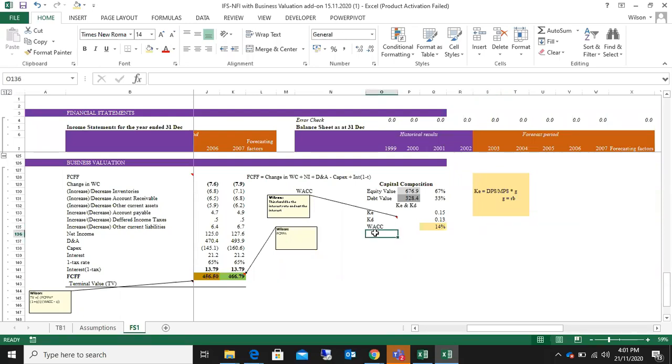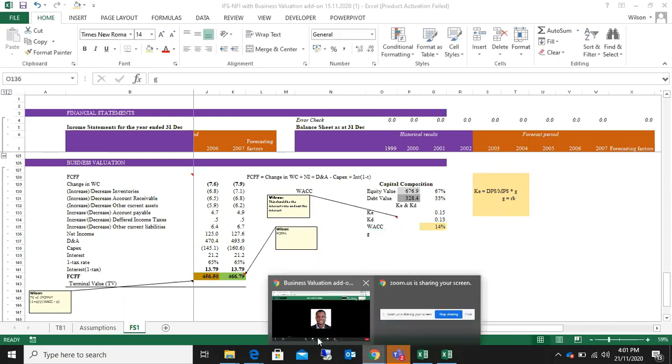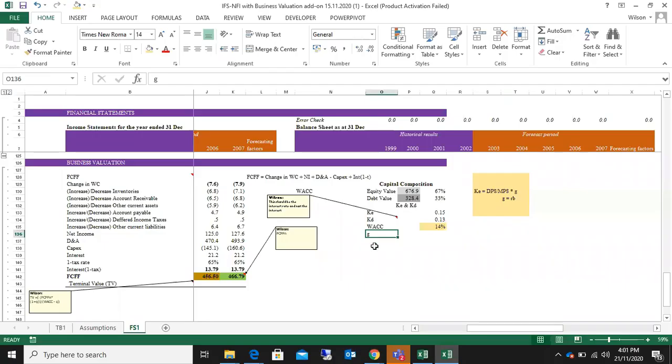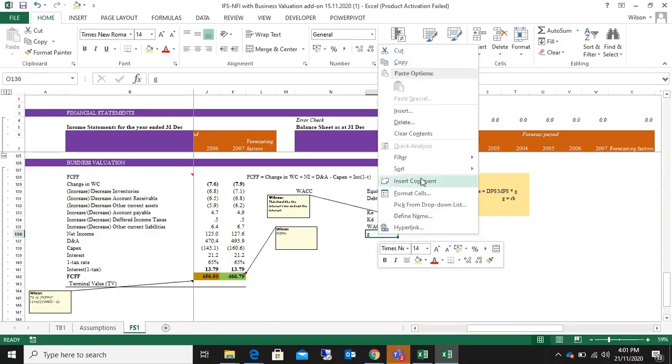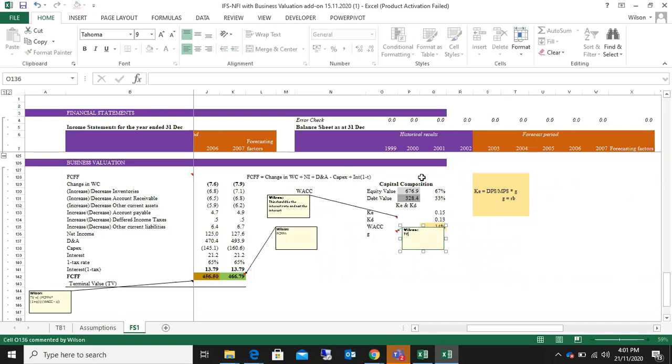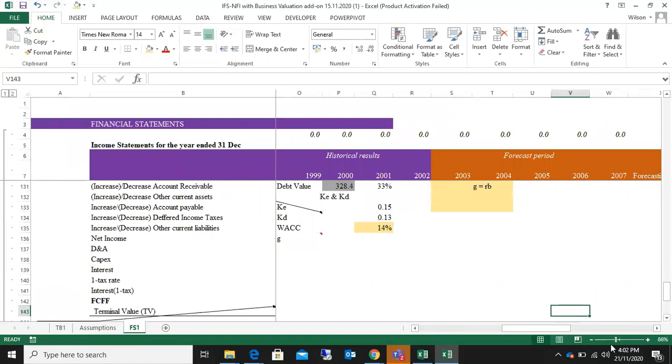So let's then say our G. Now this G is the TV. I'll zoom this so that I can see what I've written there.